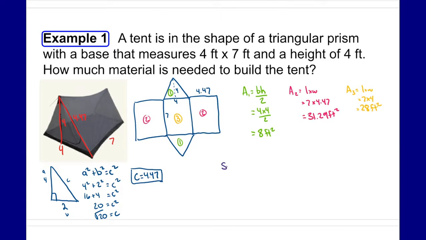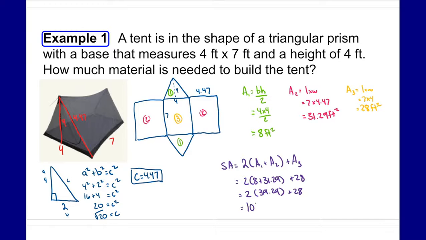So the surface area is going to be 2 times the area of my base, or the triangle, or sorry, the area of the triangles, plus the area of the panels, because I have 2 of them. So all of that is to multiply by 2. And then I'm going to add in that floor panel. So 2 times 8 plus 31.29 plus 28. 2 times 39.29 plus 28.